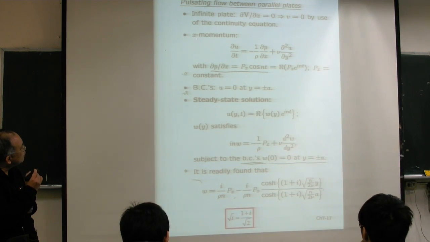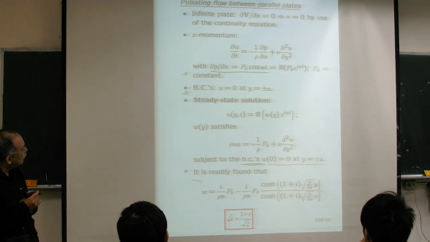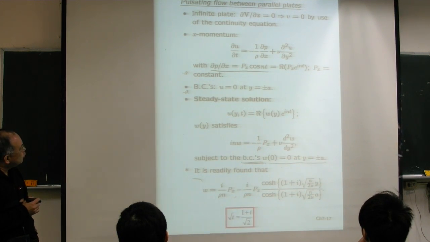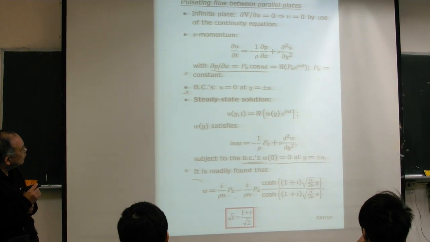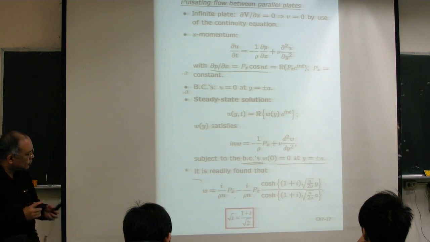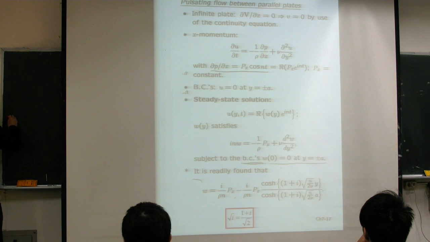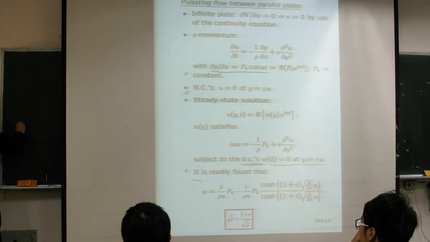In the x momentum equation, and then by using the previous, what we try to do is use so-called separation of variables. In separation of variables, u is a function of y and t, right? So here is a flow between two parallel plates, and our coordinate system is x and y.